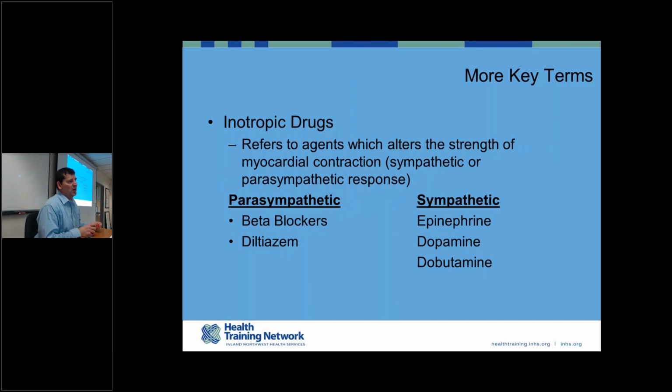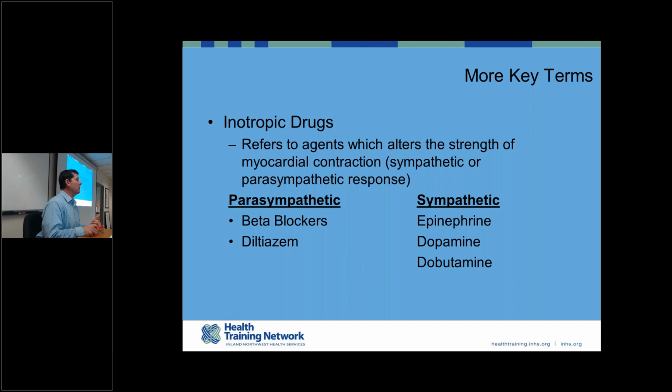When we're dealing with inotropic drugs, what are we dealing with? What does inotropic mean? Strength of contraction and contractility. Yep. So again, inotropic, dromotropic, chronotropic.